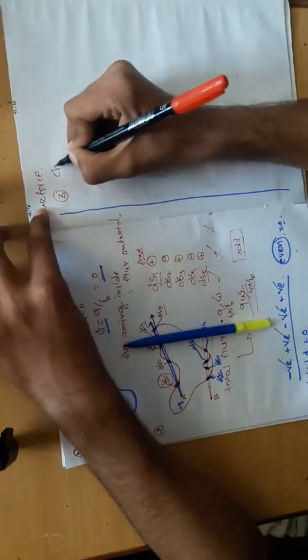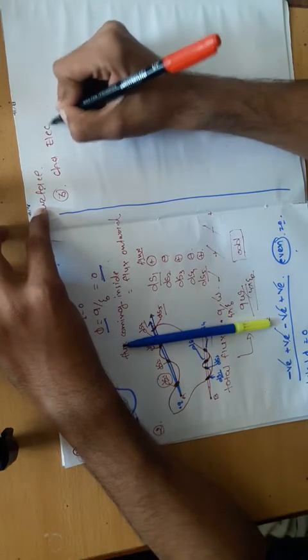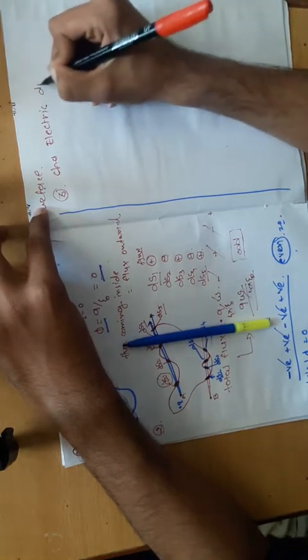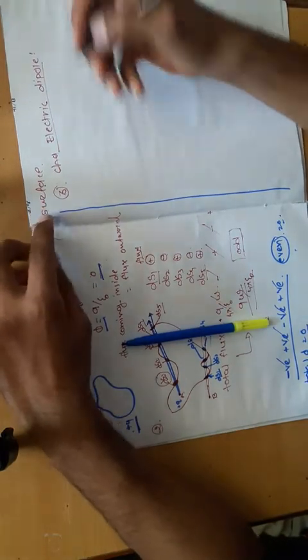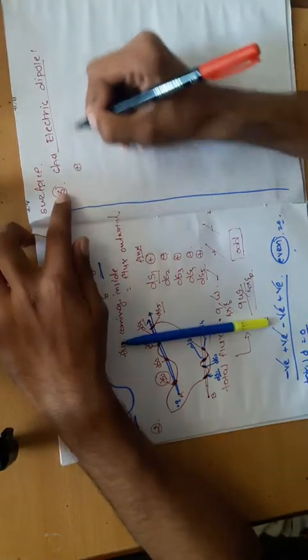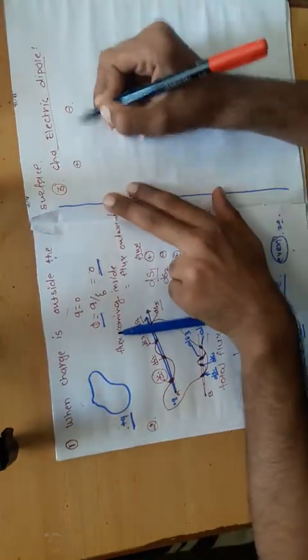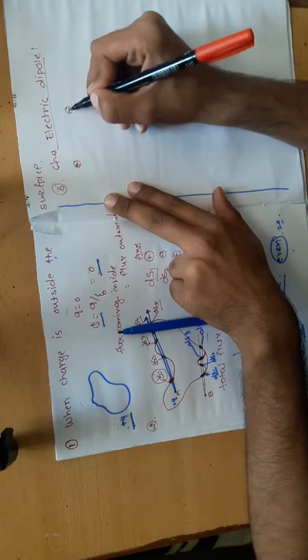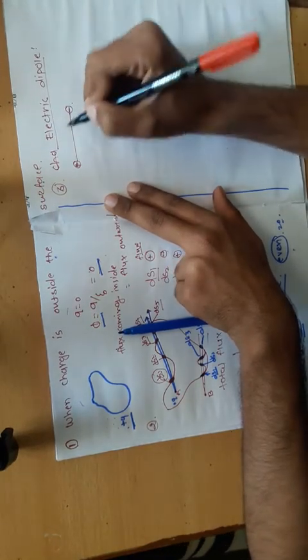In the third case we will take the electric dipole. So what is a dipole? As we know, when two charges of equal magnitude but opposite sign are placed very near to each other, they form an electric dipole.